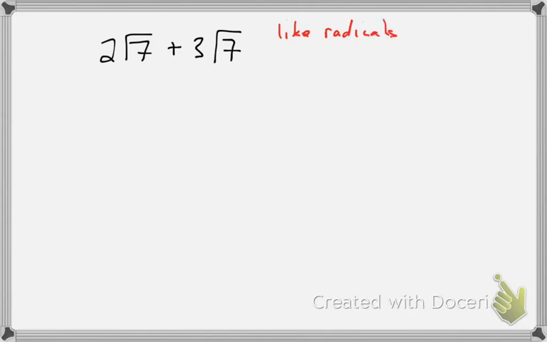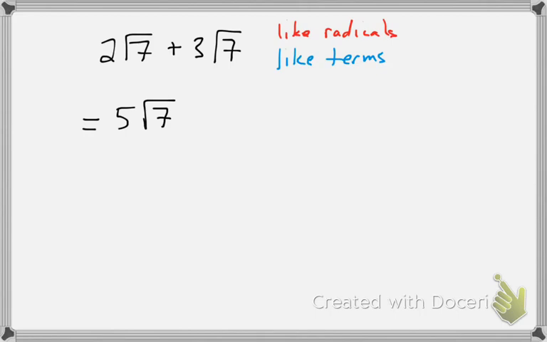Are these like terms? Like terms has to do with x's. Neither of these have an x in it, so they are like terms, right? Since they are like radicals, if I have 2 square roots of 7 plus 3 more square roots of 7, I have 5 square roots of 7.